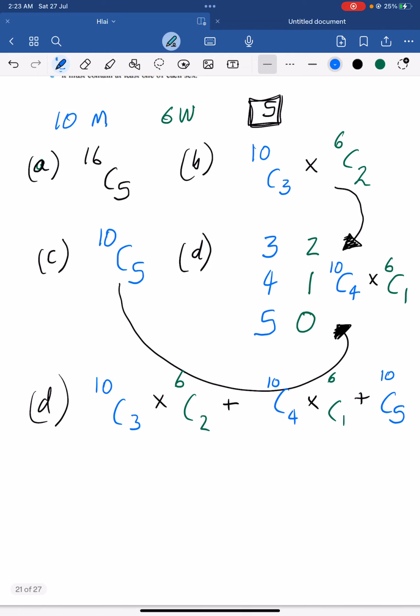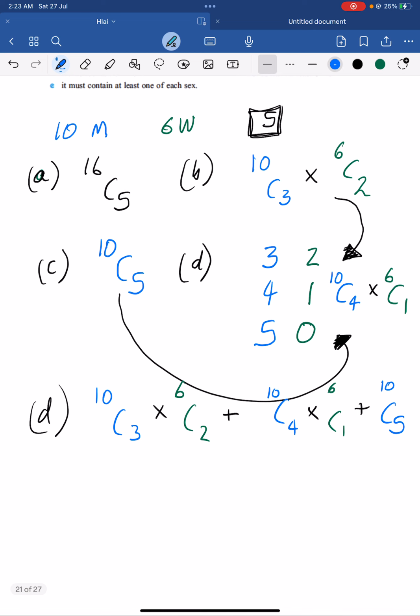Okay, and again straight to the calculator. You've already got the answers for the first and the third piece, so we just have to do one more calculation.